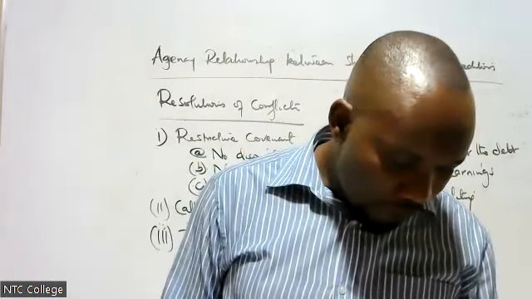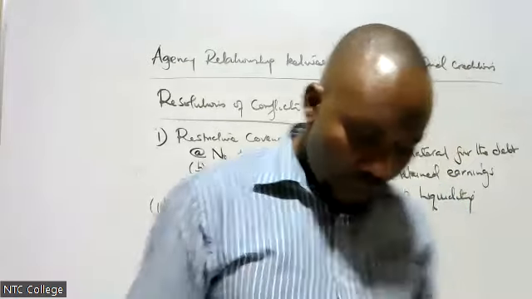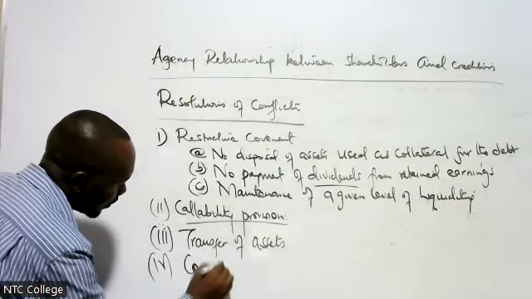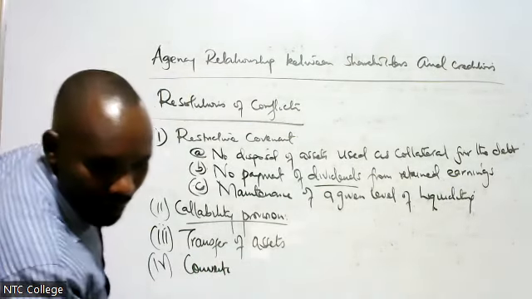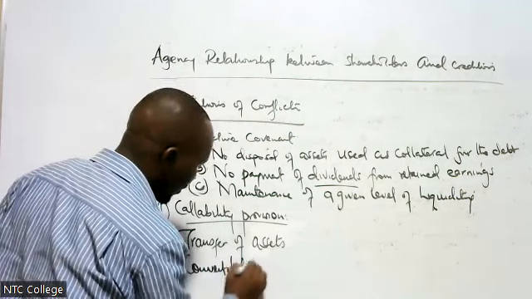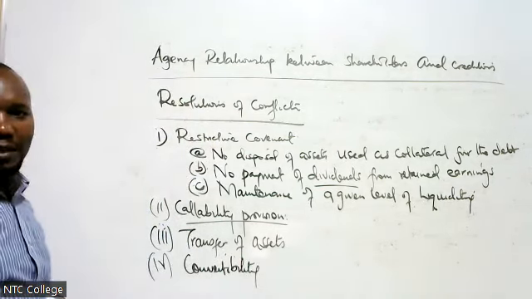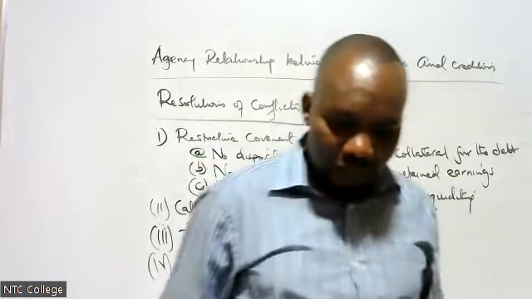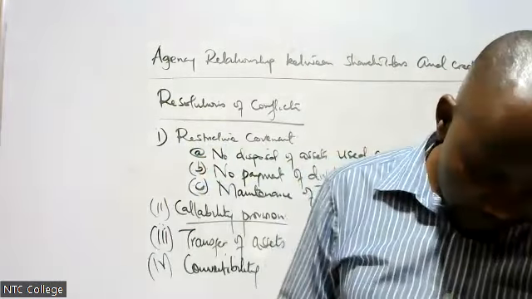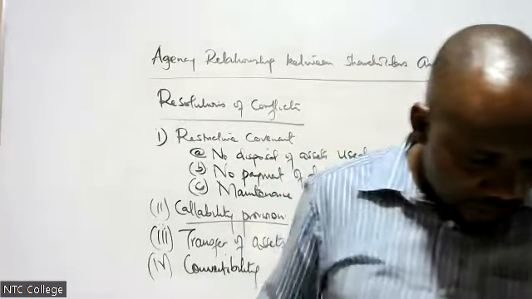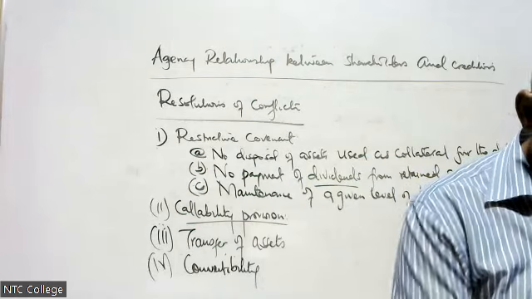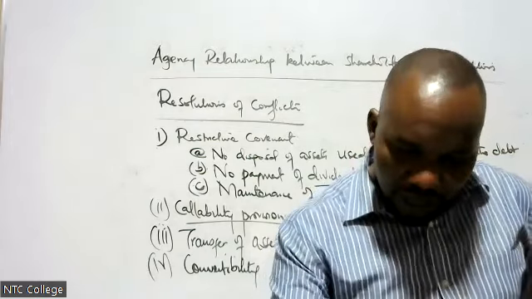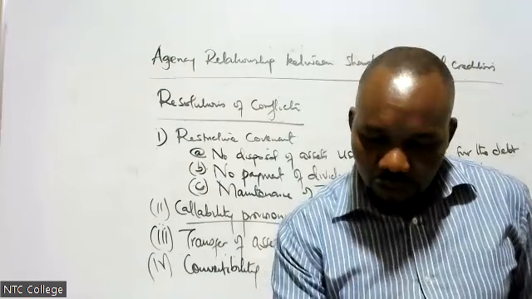The next one is convertibility. That is number 4. Convertibility. Then you say, on breach of bond covenants, the lender may have the right to convert the bonds into ordinary shares.